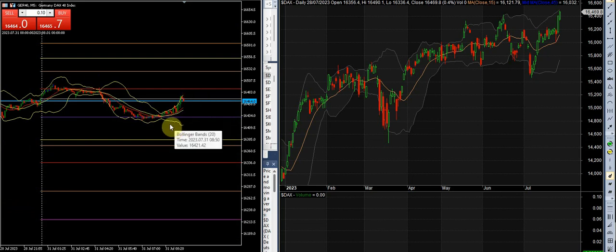I basically do the same process for the FTSE or the UK 100, and what I can see is we've got a very efficient kind of setup, because at the moment we're sitting right on the close. Now the close, if it's not opening or sitting on the close level at the start of the new day, there's some sort of an inefficiency there.